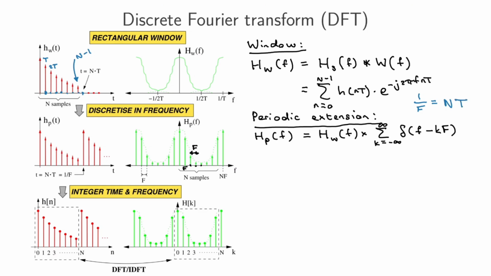So if I have 8 points, then I want this thing to sit at 8 times the sampling period. This is point 0, this is point 1, this is point 7, and then we want this thing to sit at point 8, which in time is 8 times the sampling period. Is everyone happy? Okay, and now we are at the discrete Fourier transform.